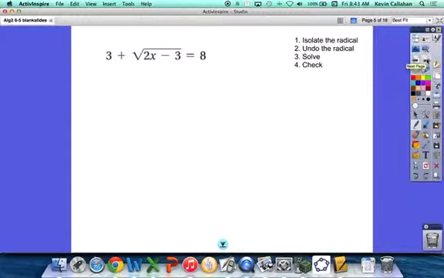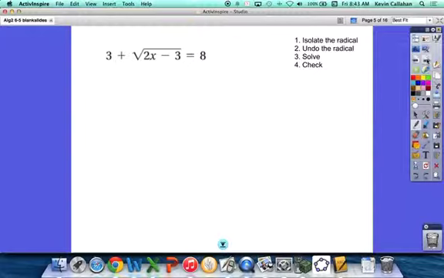So this first one, okay, what does it mean to isolate the radical? Yeah, you want it to be the only thing on that side of the equal sign, just kind of like isolating x when you're solving a simple algebra equation. In that problem there, what do we need to move? The 3.